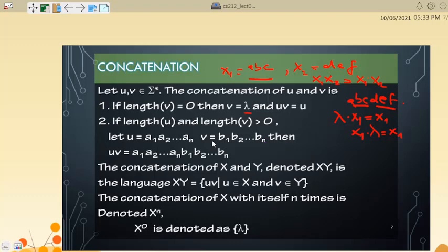Then u concat v: we take u first, a1 until an, then combine with v, which is b1 to bn. So that is u concat v.